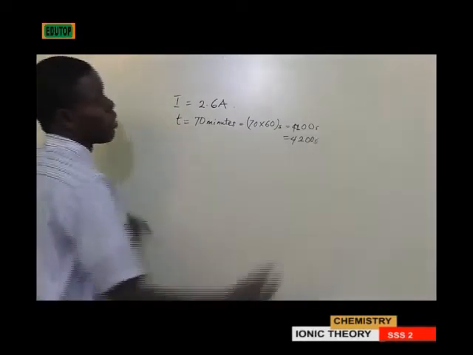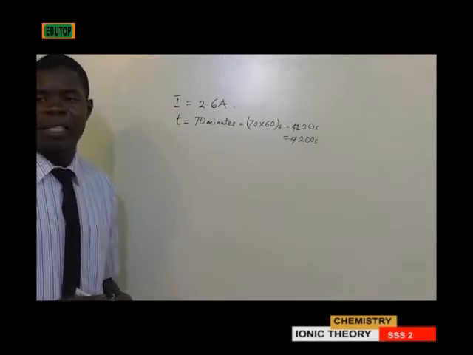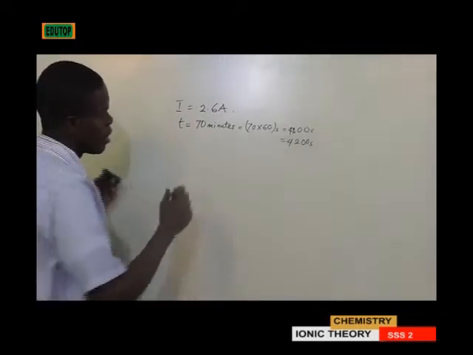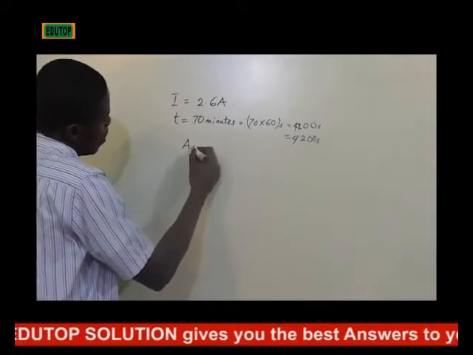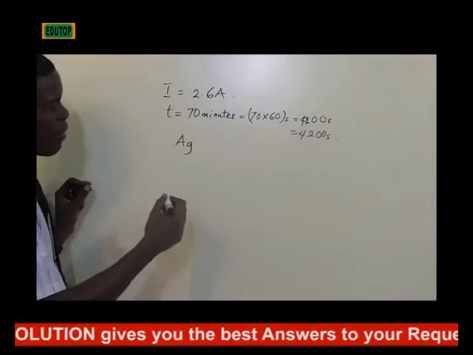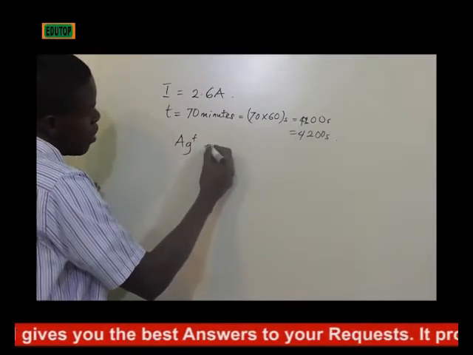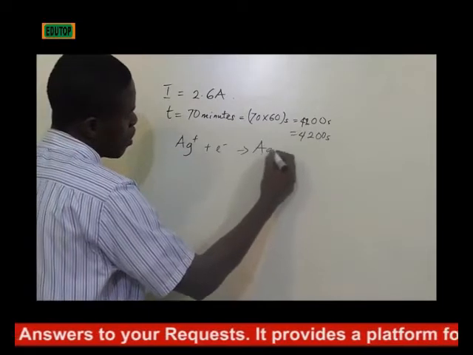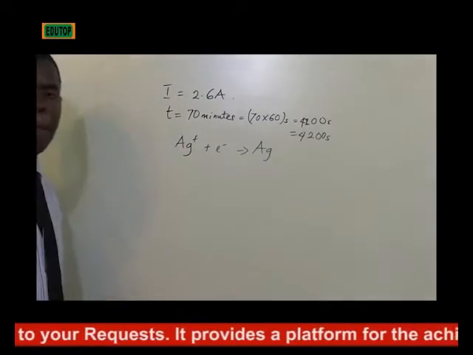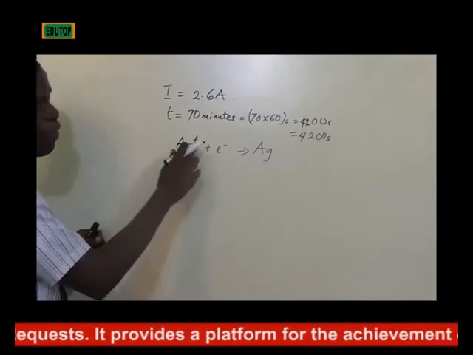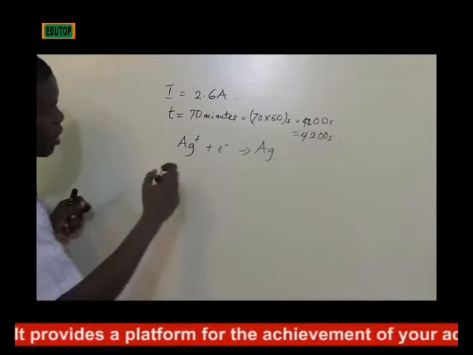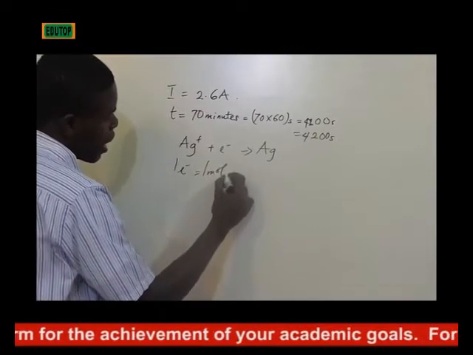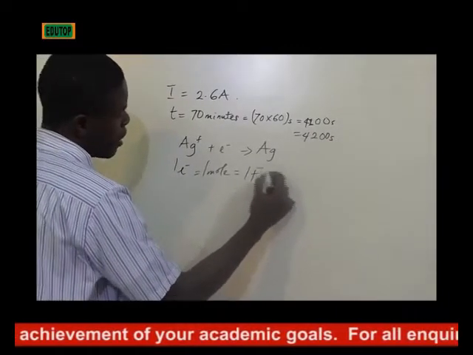Going by the second law of Faraday, silver ion with one electron is equivalent to silver metal. Since silver has lost one electron, for every one electron lost, you have 1 mole of silver, then you have 1 Faraday.